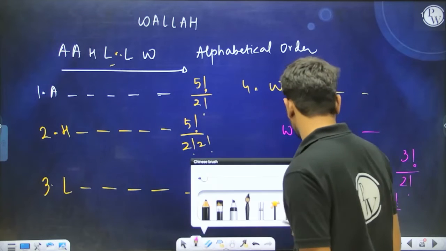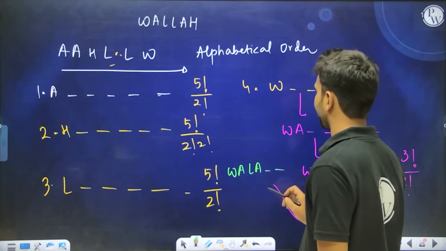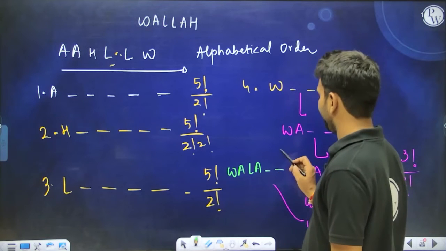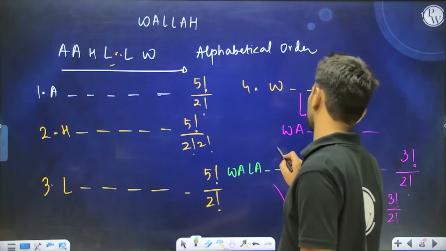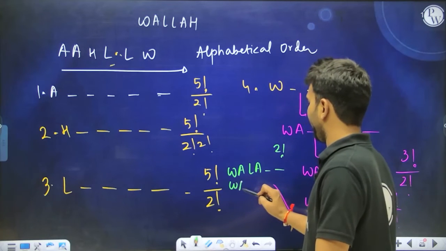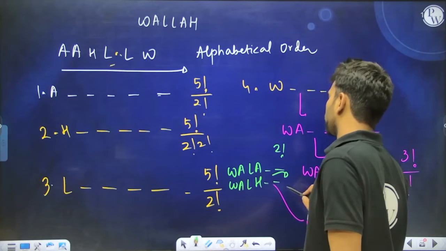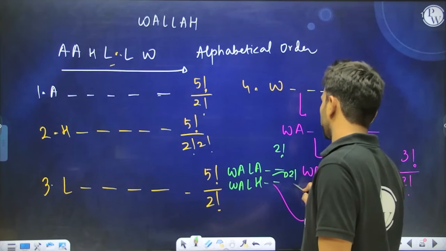So I am zooming it further. So WAL, inside this Wallah will not come. So L and H are the 2 things there. So 2 factorial. Then WALH will come. So over here 1 L and 1 H is there, so 2 factorial.